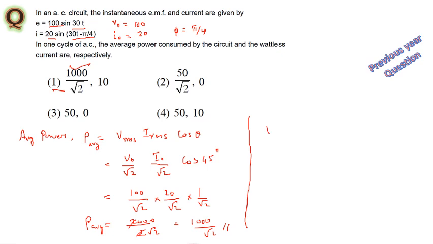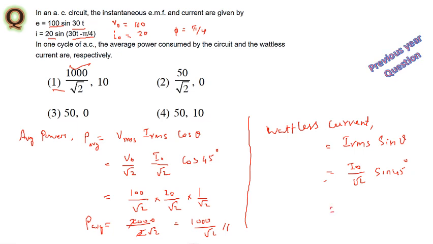Now I will tell you what wattless current means. Remember the formula, they may frequently ask about this. Wattless current is IRMS sine theta. IRMS we already know is I naught divided by root 2, into sine of 45 degrees.